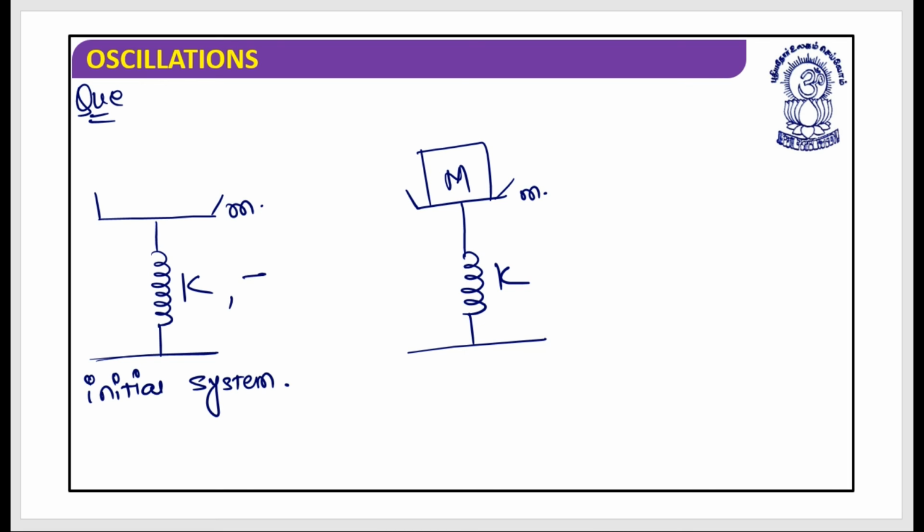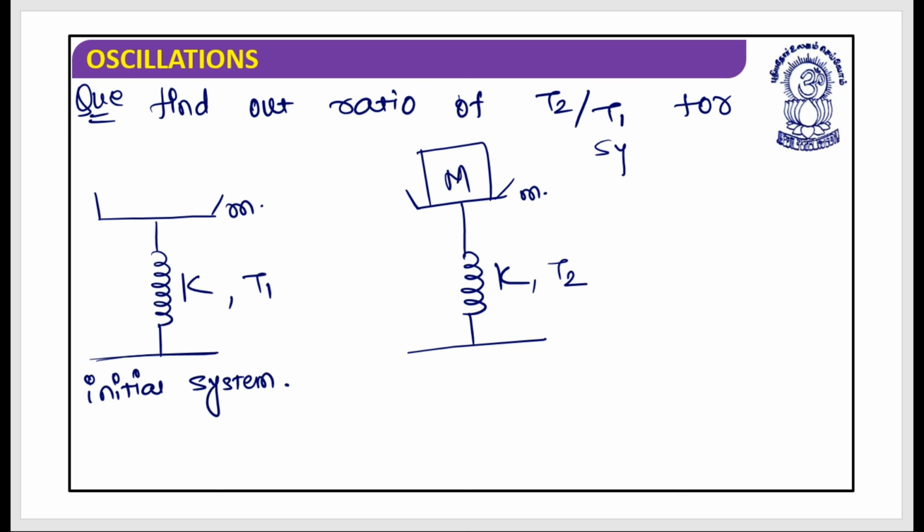So let's call this time period t1, and let's call this time period t2. First they will ask me to find the ratio of t2 to t1 for the system performing SHM. You need to find the ratio for the particle performing SHM.